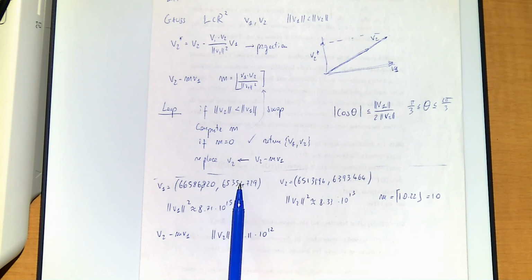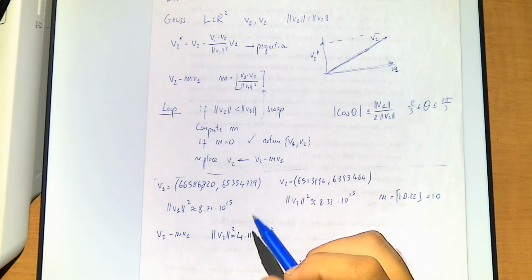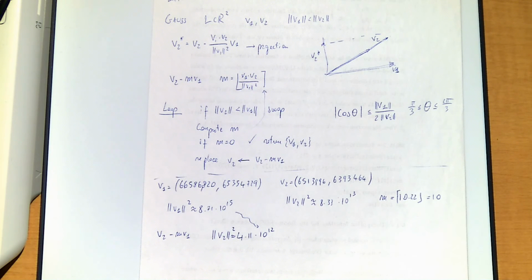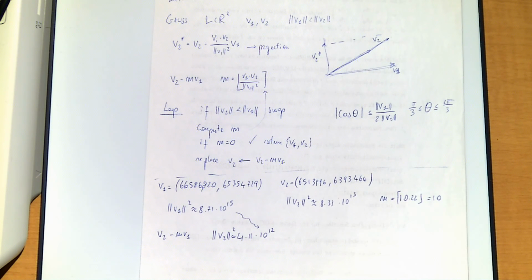We replaced this one with this one, and now this is smaller than the new one, which had become V1. So we always reduce the biggest of the two. Okay. So then we swap again. This becomes V2 again. This becomes V1.